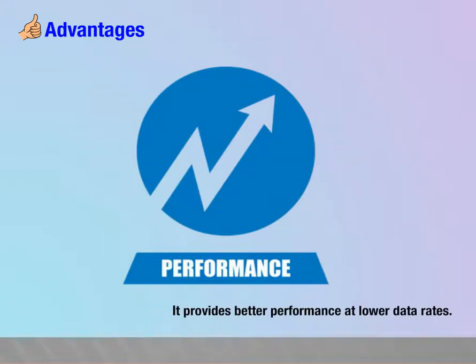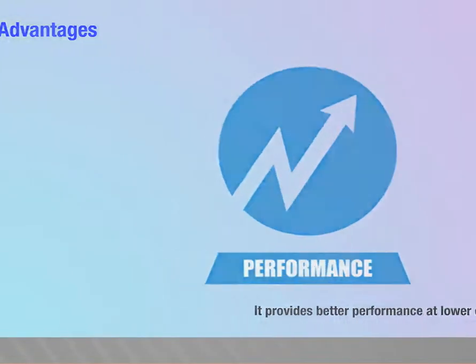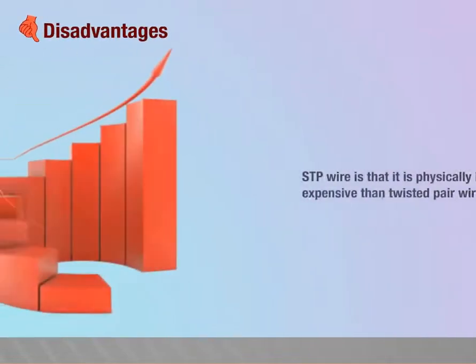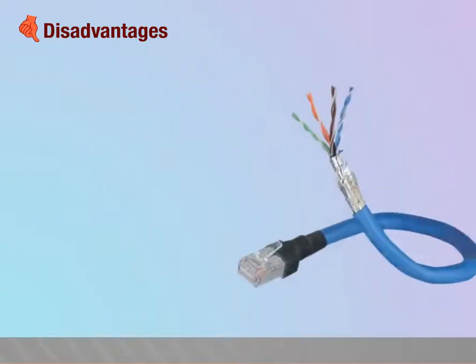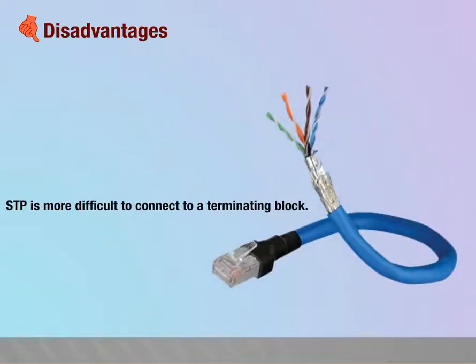It provides better performance at lower data rates. Disadvantages: STP wire is physically larger and more expensive than twisted pair wire. STP is more difficult to connect to a terminating block.